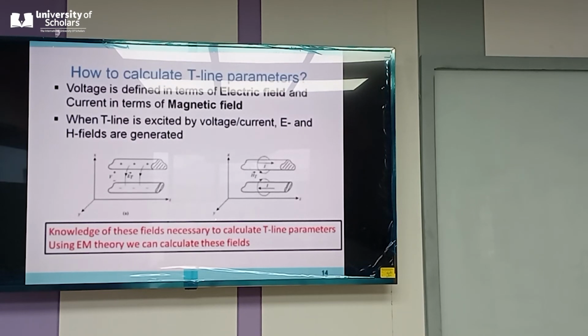Now, I think this is the right time to summarize what we have done for the first 20 minutes, more than 20 minutes, 30 minutes over here. A wire is more than just a wire, right?